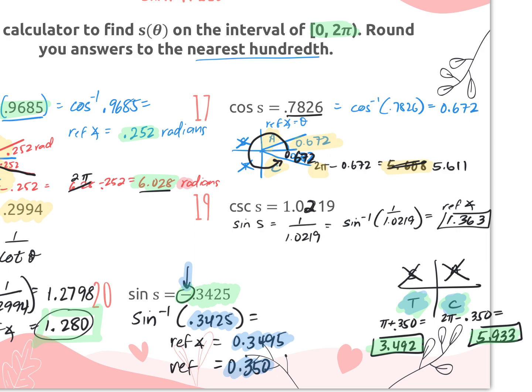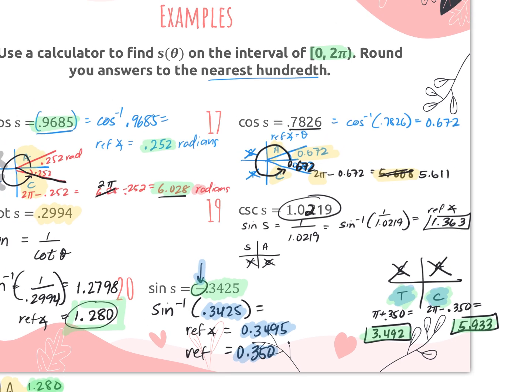Now I think about in what quadrants is my cosecant positive? I know that my cosecant goes with my sine, and my sine is positive in quadrants 1 and 2. In quadrants 3 and 4, my sine and my cosecant are negative. So I'm going to identify my angles using the formulas for quadrants 1 and 2. In quadrant 1, theta is going to equal the reference angle, 1.363 radians.